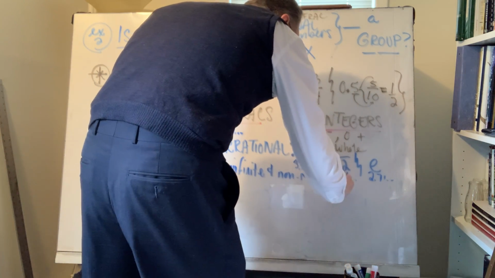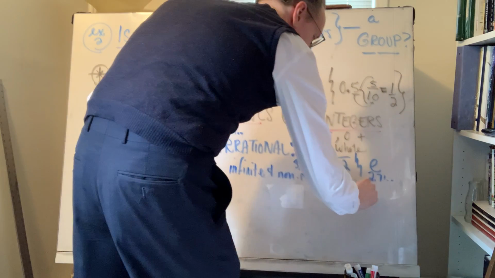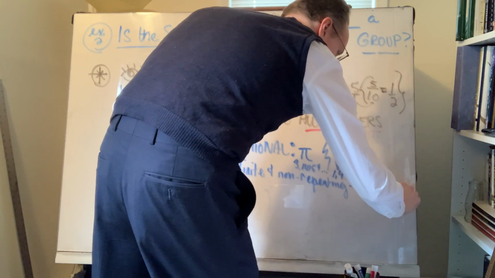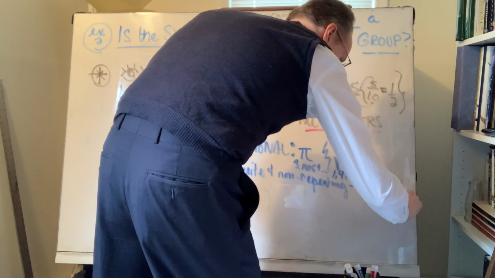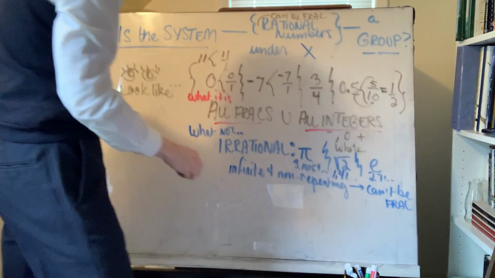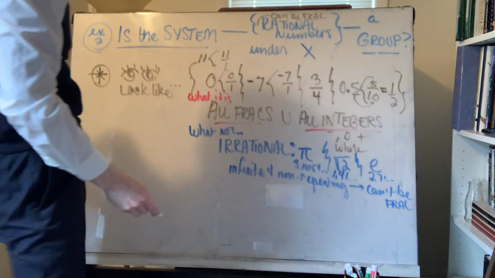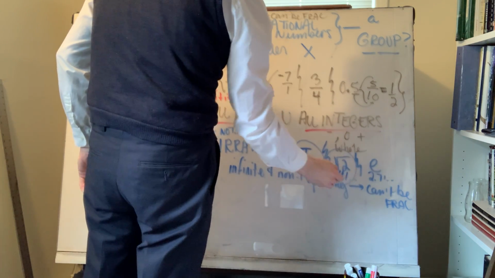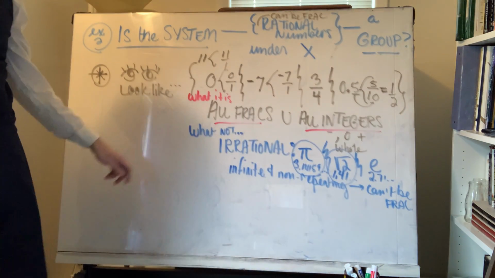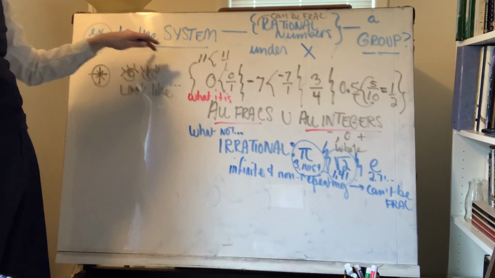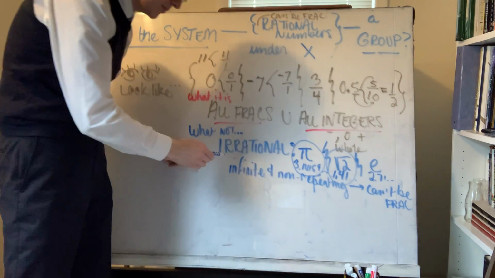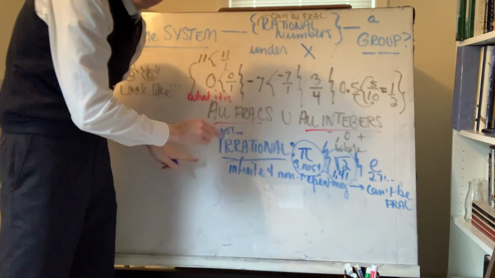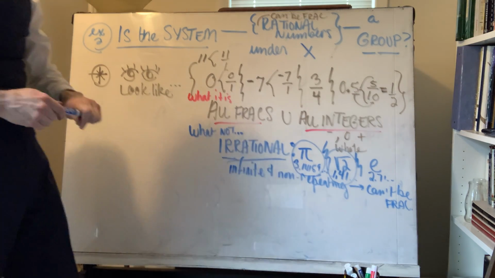Because they are infinite and non-repeating, they can't be a fraction. We can get something very close to them in the style of a fraction, but it will never actually be the thing. Since we have pretty limited examples of this, in this instance, trying to answer this question, it might be helpful to think about it from the perspective of what it is not.